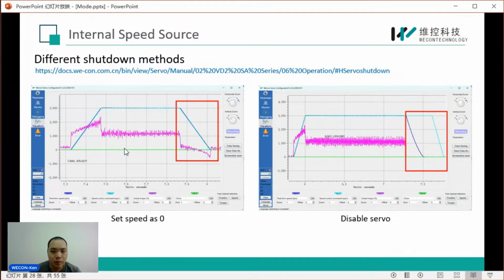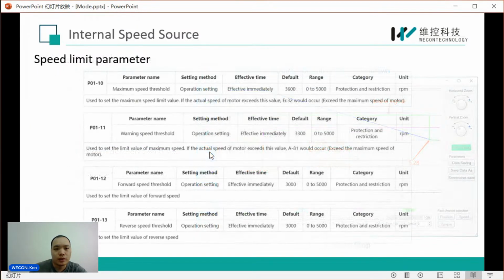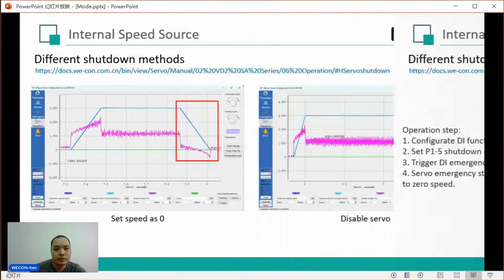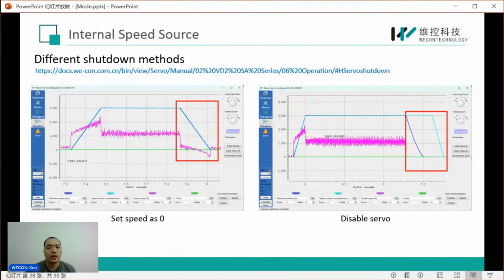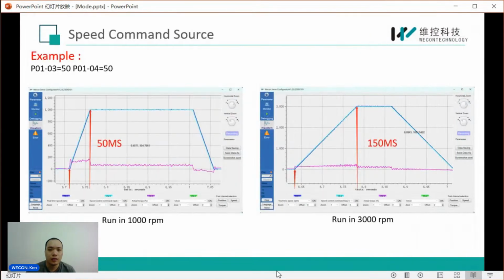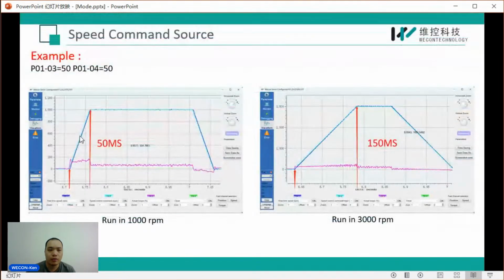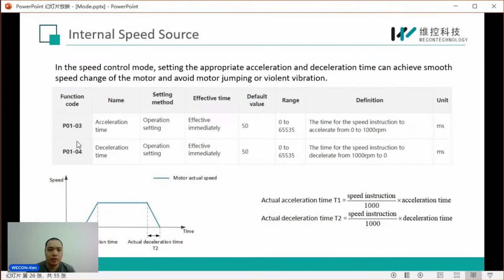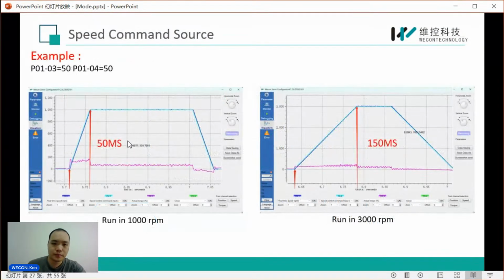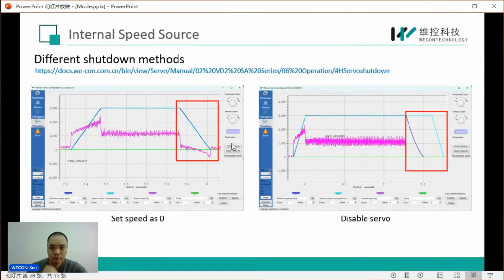The speed of the motor will decelerate according to the setting value, these parameters P1 and 4. And the second way is to directly disable the motor to stop, and obviously it spends more time to stop.